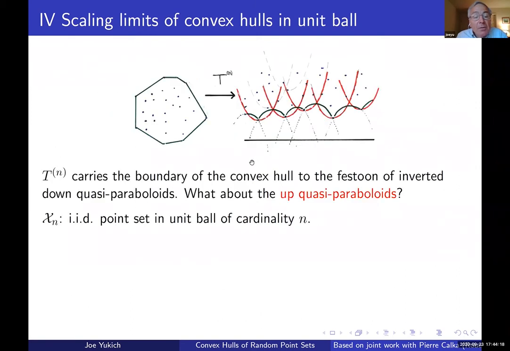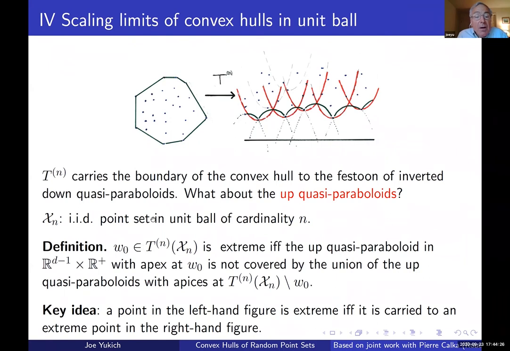And it turns out that if you have an IID point set in the unit ball of cardinality n, Xn, then a point in this picture on the right-hand side is extreme if the up quasi-paraboloid with apex at that point is not covered by the union of the remaining up paraboloids. It's what I just said.